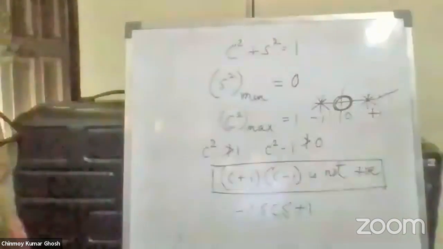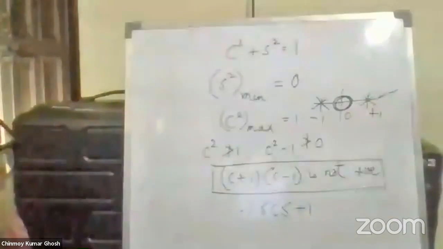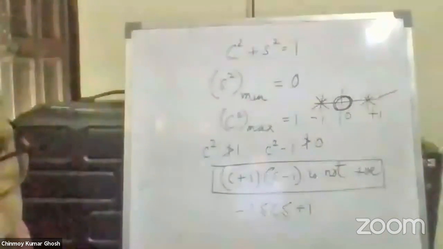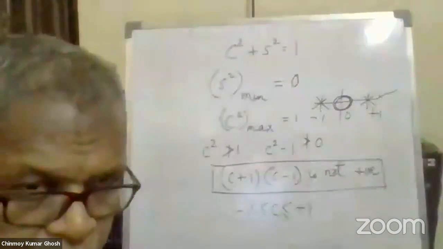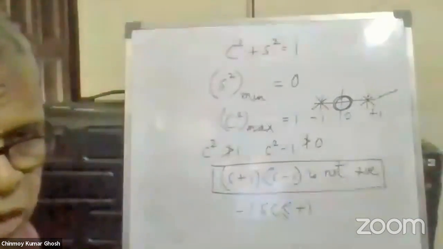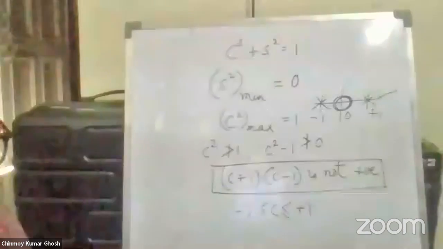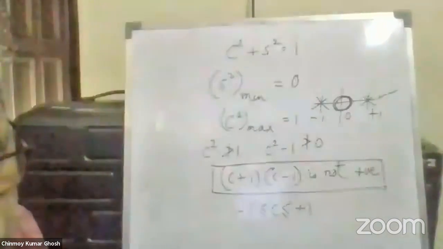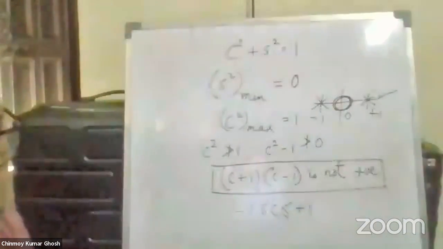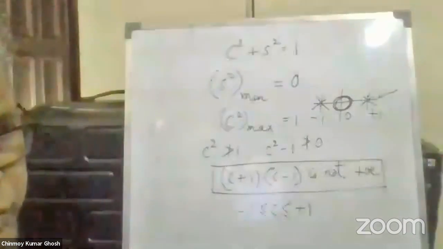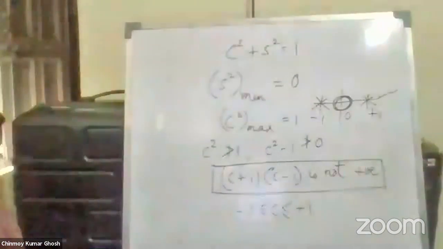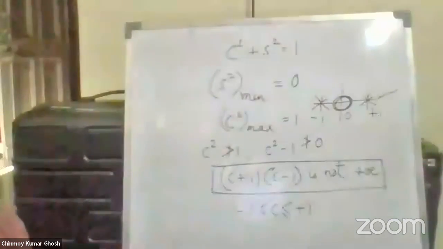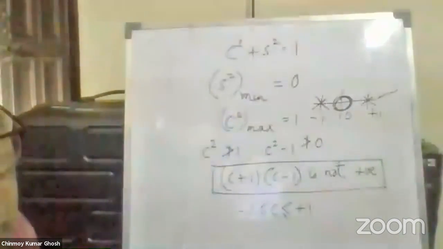But theta is a general angle, not acute angle, not restricted between 0 and 90 degrees. When theta is a generalized angle, what is the maximum value of sine theta? I'm talking from the point of view of the school students who have been introduced to trigonometry. This can be a guiding question, that what is the maximum value of sine theta, what is the minimum value of sine theta, what is the maximum value of cosine theta, what is the minimum value of cosine.